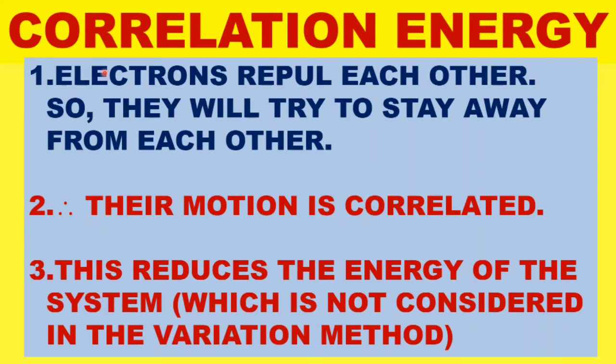Let us see here what is correlation energy. For example, electrons tend to repel each other, so they will stay away from each other. That is, their motions are correlated. This correlated motion reduces the energy of the system, which is not actually considered in the variation method.